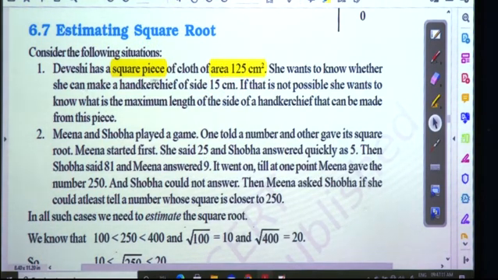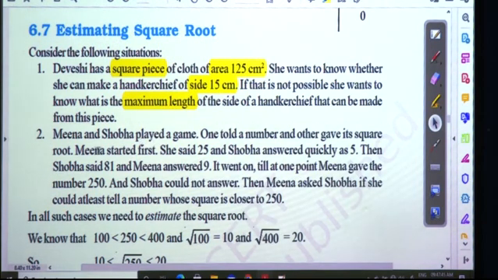She wants to know whether she can make a handkerchief of side 15 centimeter. If that is not possible, she wants to know what is the maximum length of the side of a handkerchief that can be made from this piece.